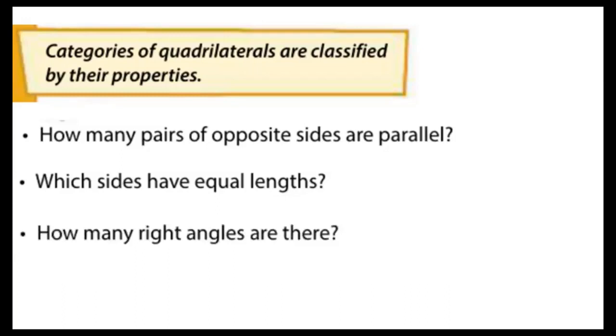So I have to save and memorize these 3 questions. How many pairs of opposite sides are parallel? Which sides have equal lengths? And how many right angles are there? So this is for any 4-sided shape, any 4-sided polygon. Okay, let's move.